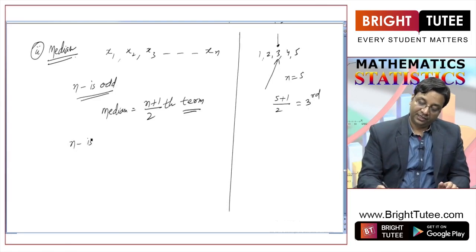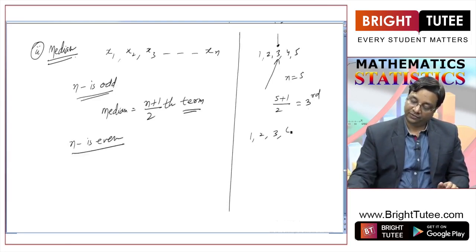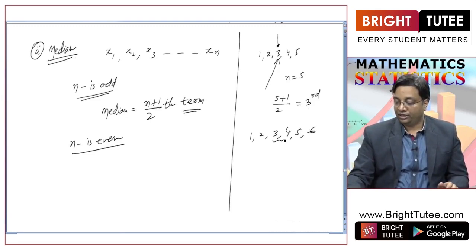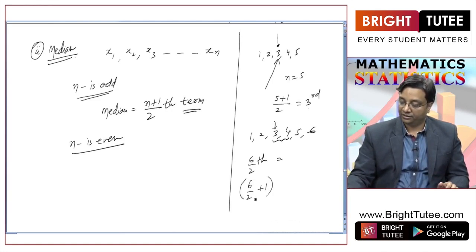If n is even, let us take 1, 2, 3, 4, 5 and 6. Okay, here we have got two middle observations which are 6 by 2th observation, that is third observation, and 6 by 2 plus 1 observation, which is 4, right? This is 3 plus 1, 4. So third and fourth observation.